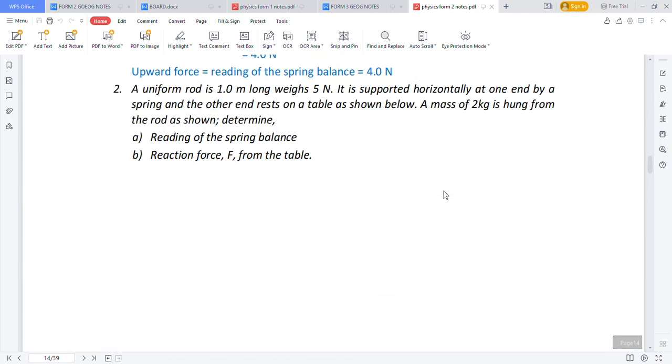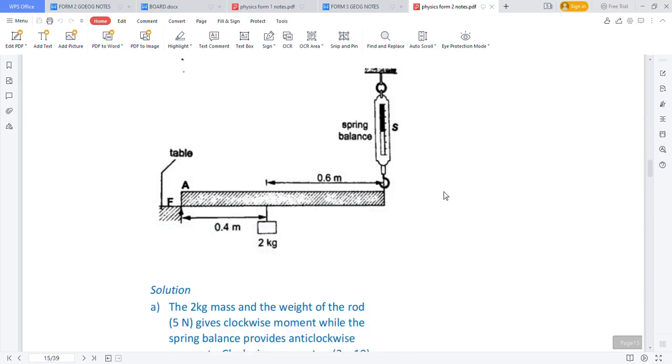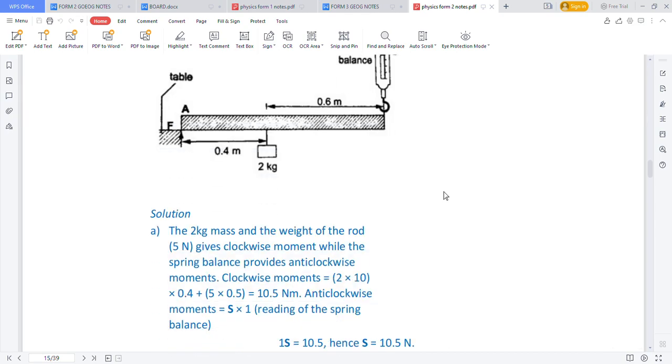Number 1, we are told reading on the spring balance, reaction force from the table. The first thing, 2 kg mass and the weight of the rod give clockwise moment, while the spring balance provides anti-clockwise moment.